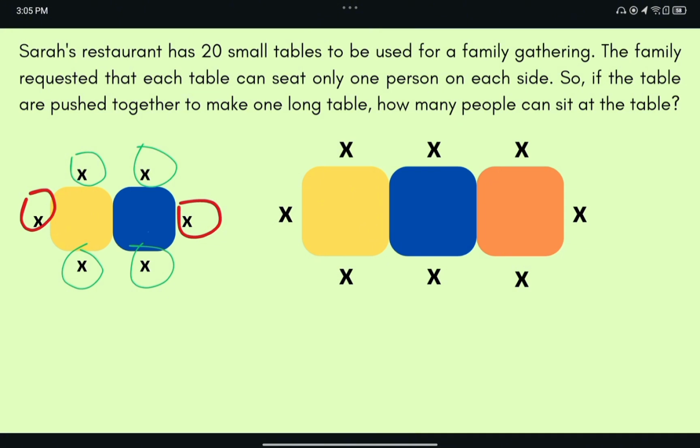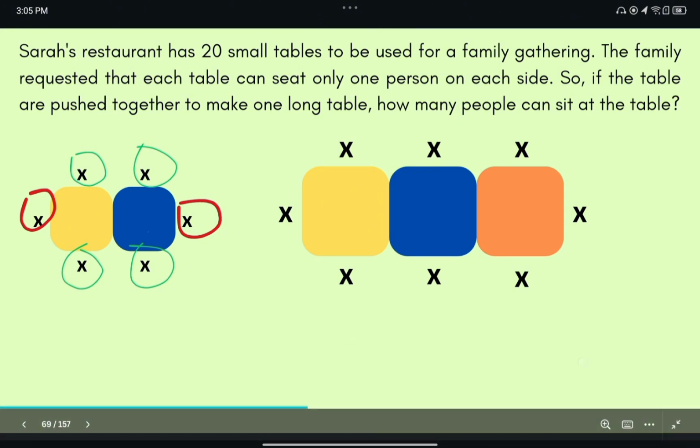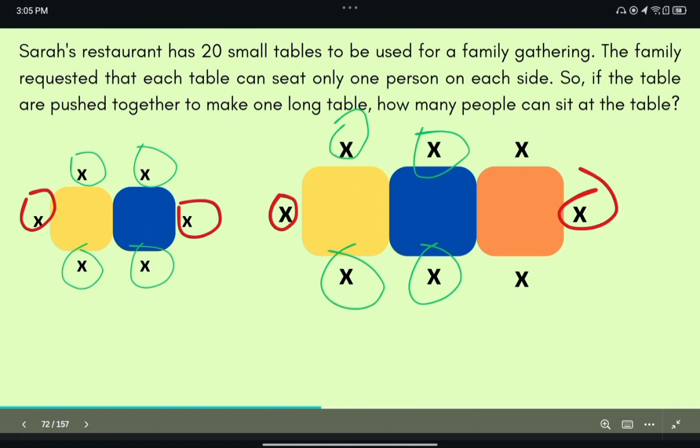Pero, kung mapapansin nyo, the number of people sitting on the outside of the table increases. Ayan.